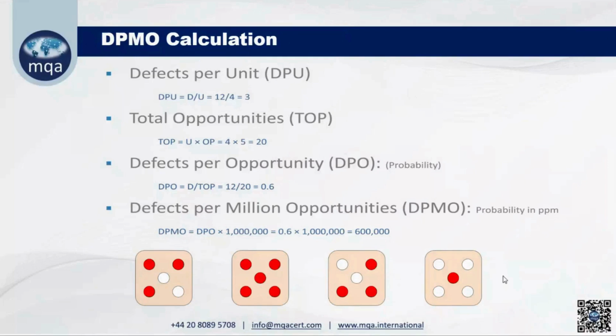So 20 defects are possible. Now defects per opportunity: in total, we got 12 red dots, but the opportunity was 20. So DPO will be 12 divided by 20, which is 0.6.